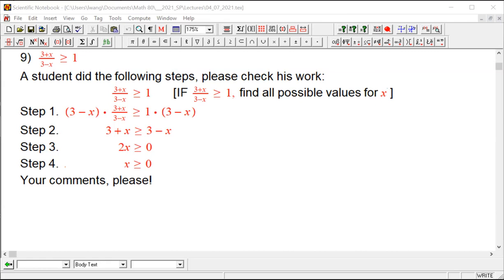How did I get 2x? Well, we add x on both sides, subtract 3 on both sides.